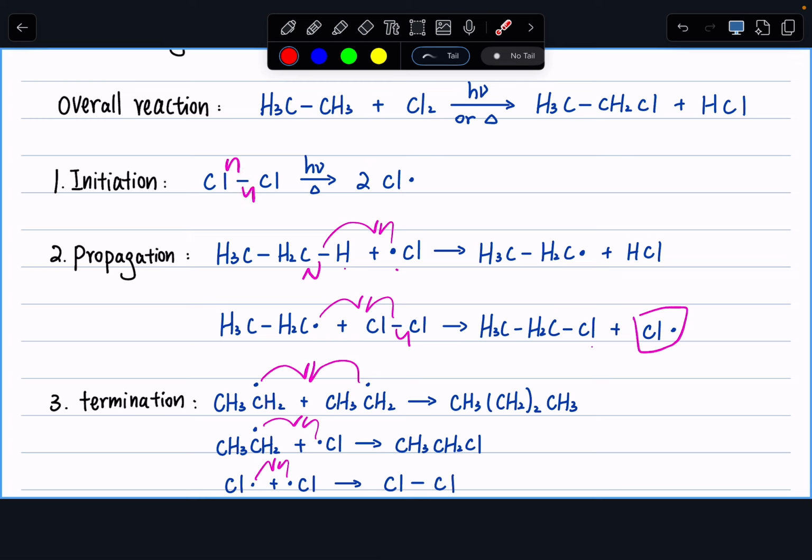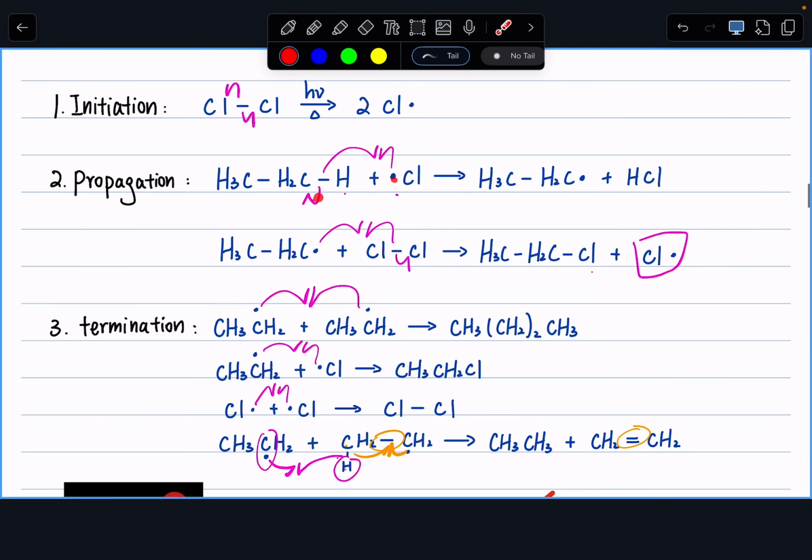But upon formation of the Cl dot, we're initiating a chain reaction. Meaning if after the initiation you take the light or heat away, the reaction will continue to proceed because of the chain reaction mechanism in the propagation steps. So when we are talking about selectivity, we're talking about the selectivity of every elementary step, not of the entire reaction.